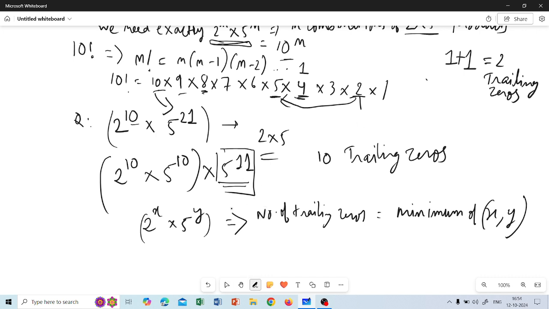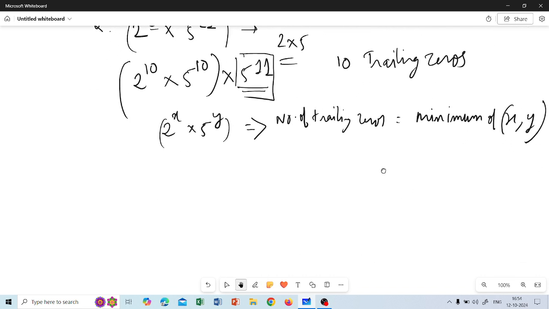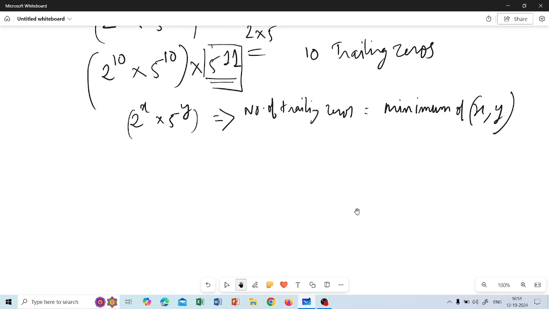And now the main thing is, these are very simple problems, but sometimes the number may be very big. For example, if I want to find the number of trailing zeros in 76 factorial, obviously I cannot write 76 into 75 into 74 into 73.